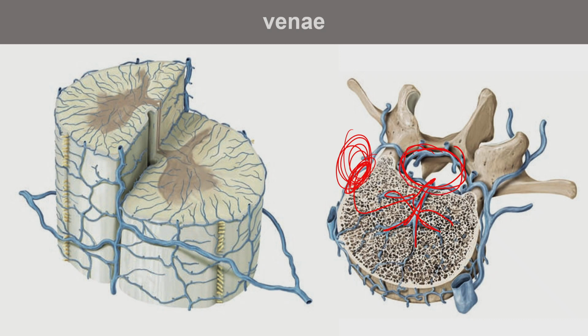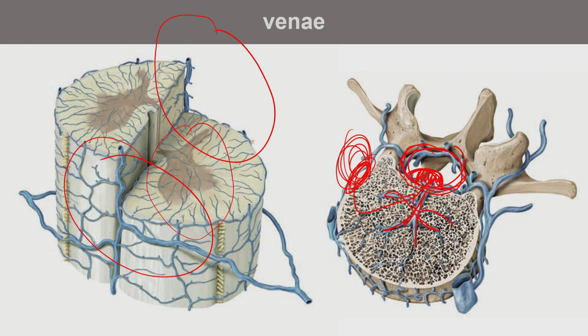Here could be thrombosis, thrombophlebitis. Then what could happen? Swelling of the soft tissues. It could be compressed somewhere. The venous system of the spinal cord inside the dural sac could be compressed, and this compression leads to hypoxia of the spinal cord.